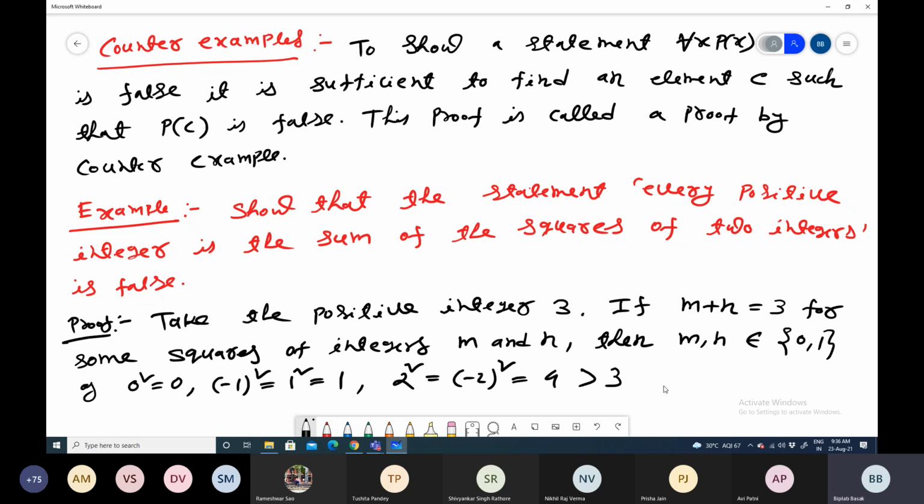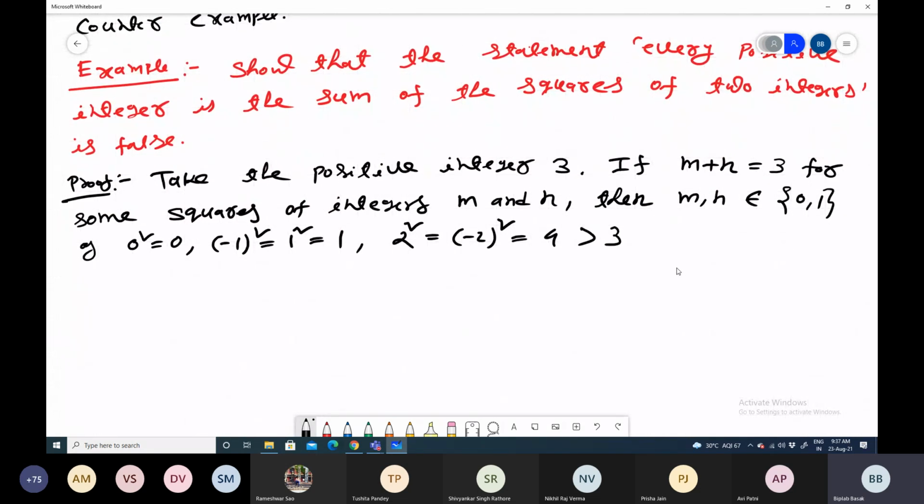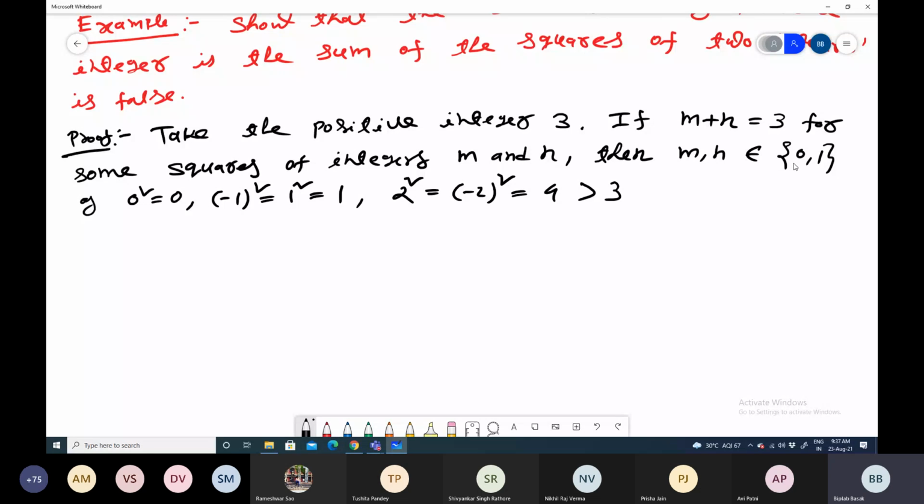Therefore m and n cannot be the square of 2 or the square of 3. So m and n should be either 0 squared or 1 squared, that is 0 or 1. That means m and n can take only the values 0 and 1.